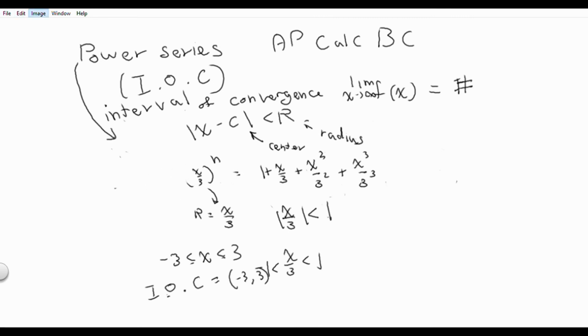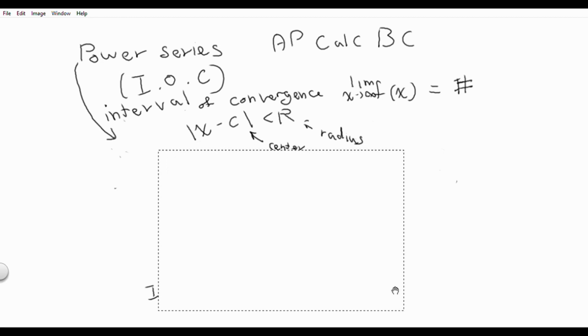Oh wait, I just realized I have a faster way to get rid of this. Backspace. I can just get rid of this.